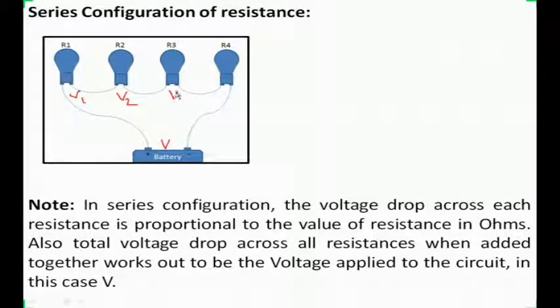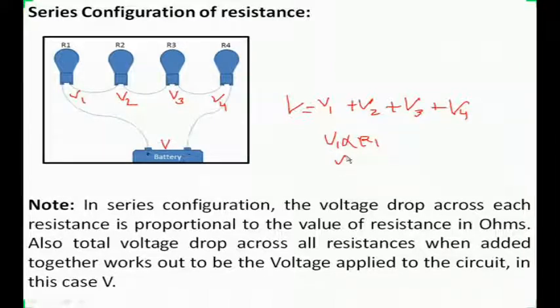So here is the voltage drop V1, here it is the voltage drop of V2, here there is a voltage drop of V3, and here it is a voltage drop of V4, then V will be equal to V1 plus V2 plus V3 plus V4, and this V1 will be proportional to R1.